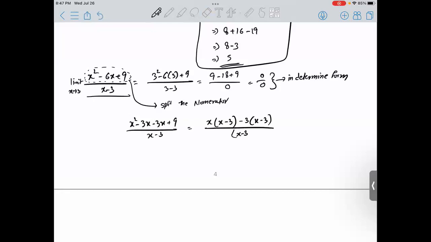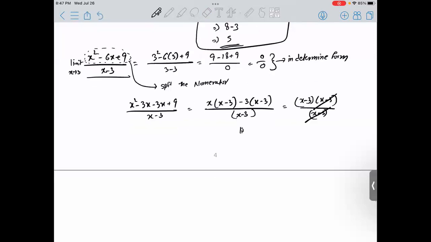So x minus 3 into x minus 3 divided by x minus 3. Cancel x minus 3. So limit x tends to 3 of x square minus 6x plus 9 by x minus 3 is equal to limit x tends to 3 of x minus 3. That is equal to 3 minus 3, 0. Clear?